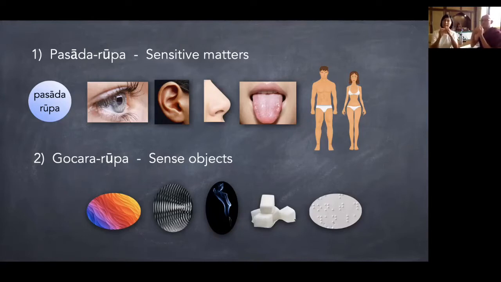Therefore, when eye consciousness, ear, nose, and tongue consciousness arises, they always arise with upekkha. Remember? There is always this eye, ear, nose, and tongue consciousness associated with upekkha vedana, equanimity, not pleasure, not displeasure, because it's very soft.